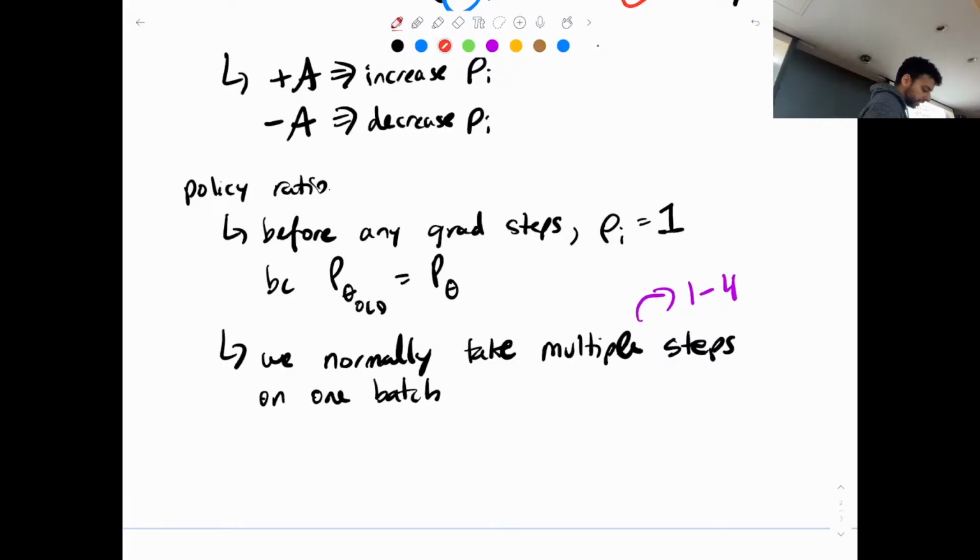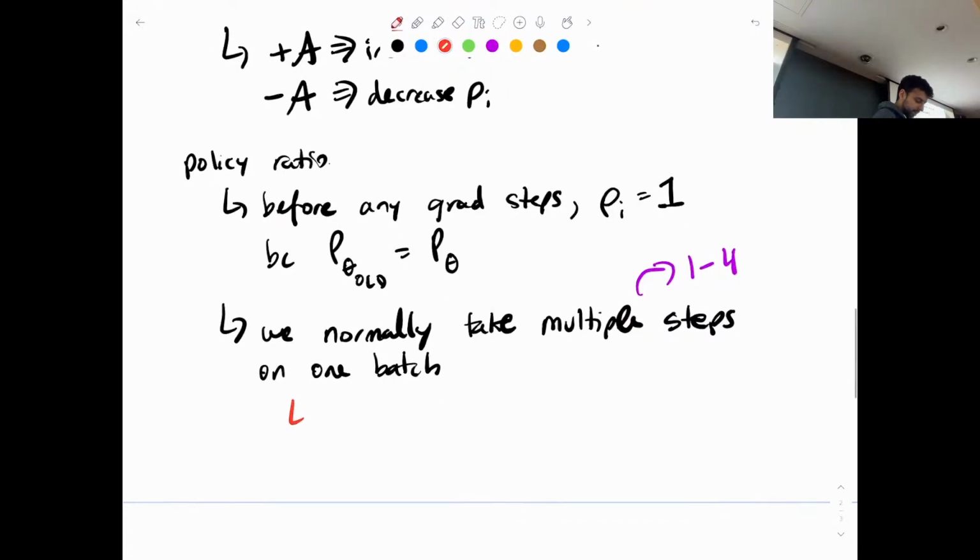So one question is, why are we doing this? Like if we just take one step on a batch, we don't need this policy ratio thing at all, right? We would simply just compute the probability of this response given our current model, multiply it by our advantage, do backprop one step, and then move on to the next batch.